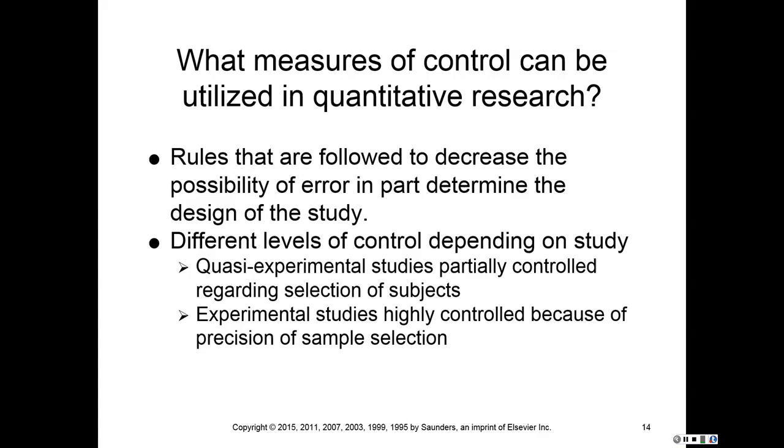What measures of control can be utilized in quantitative research? Measures of control will be rules that are followed to decrease the possibility of error, and in part determine the design of the study.